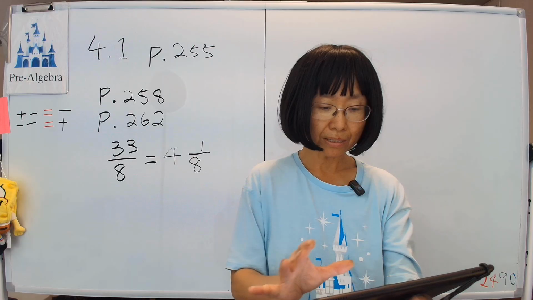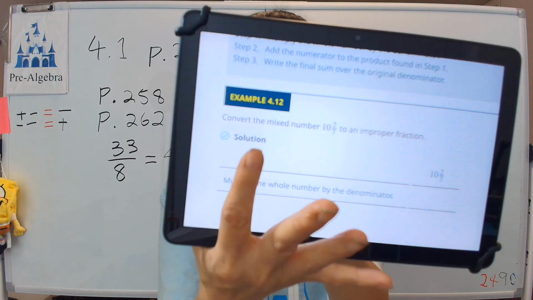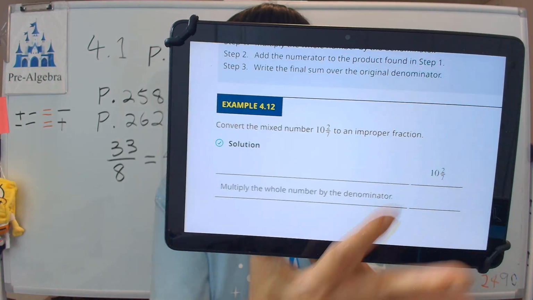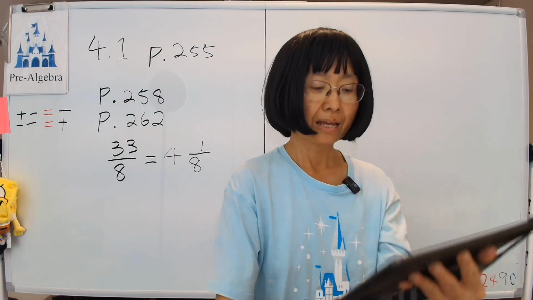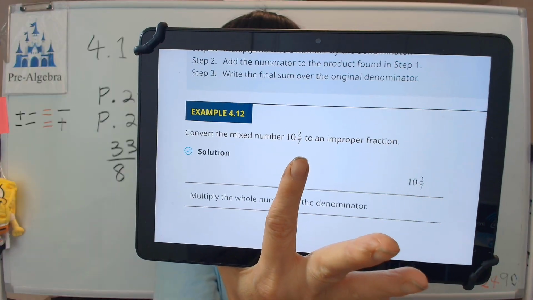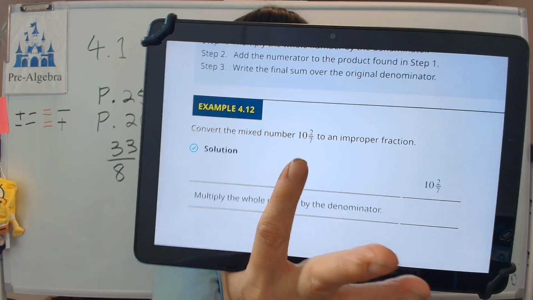Okay, the next one is the same thing. Example 4.12, where we are converting the mixed number into an improper fraction. Now in this case, your pie is being cut into 7 pieces each, and you own 10 pies plus 2 more slices. So how many pieces are there total?